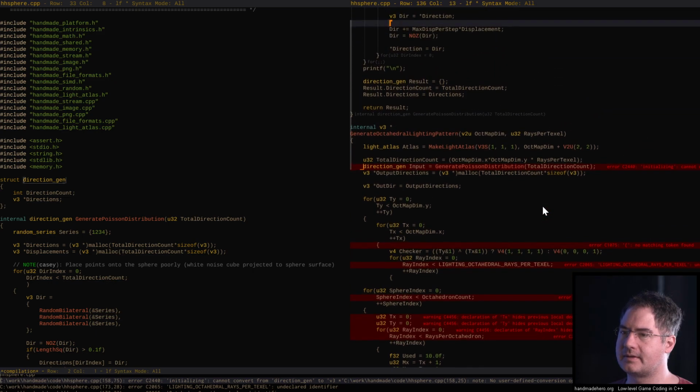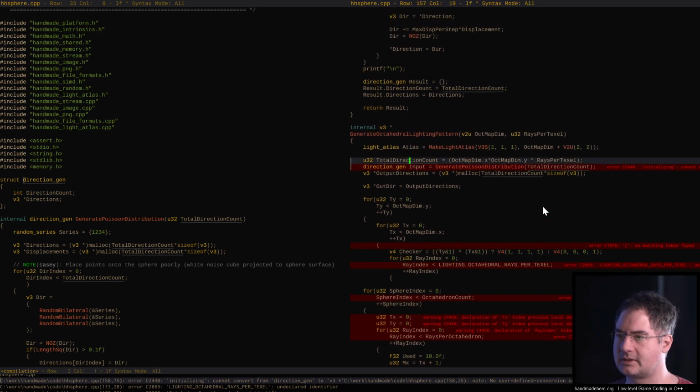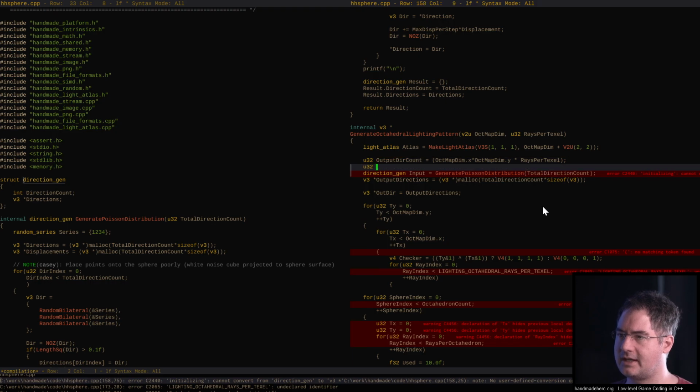And we probably have an output dir count and an input dir count, and they're different because of that scaling difference that I said. We know that we have to generate a denser covering if we want to be able to extract points from it.